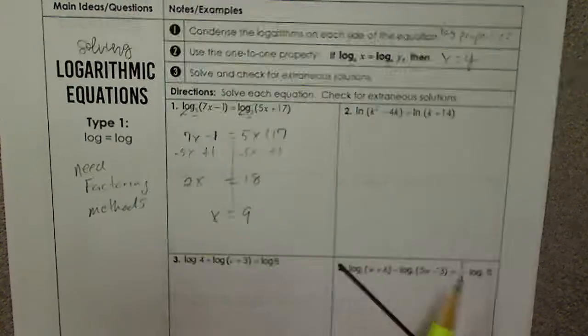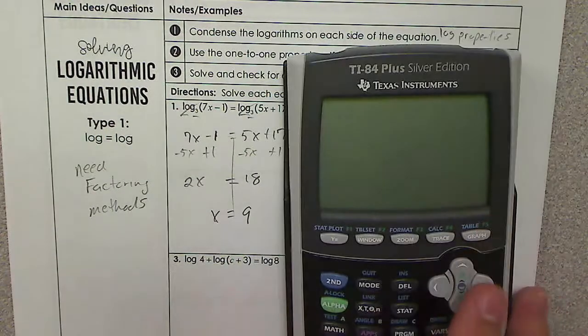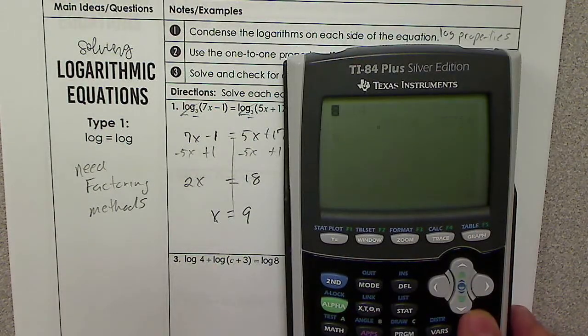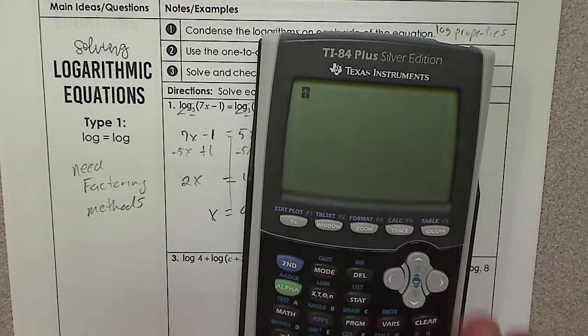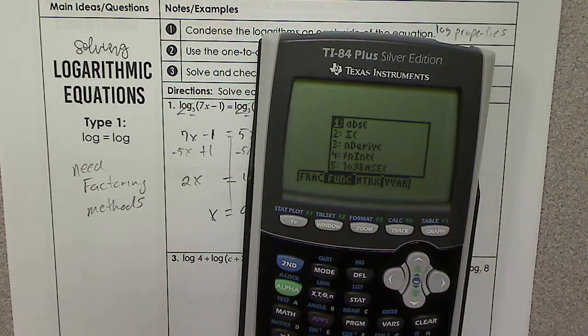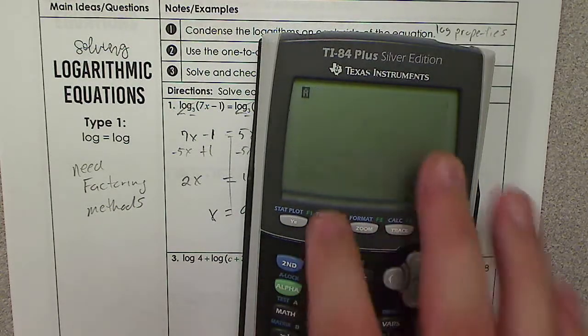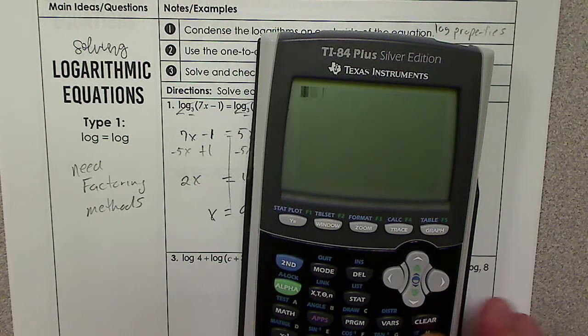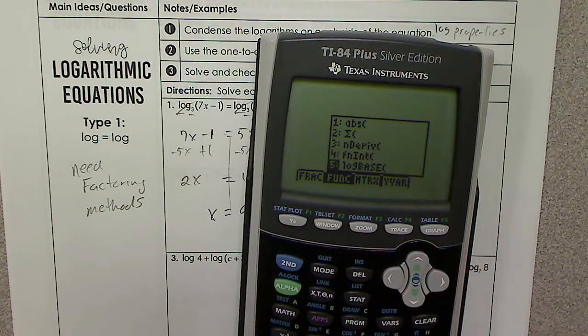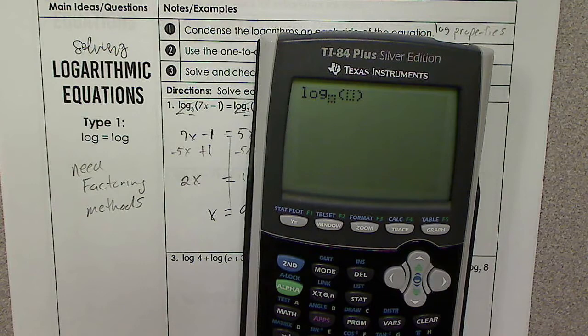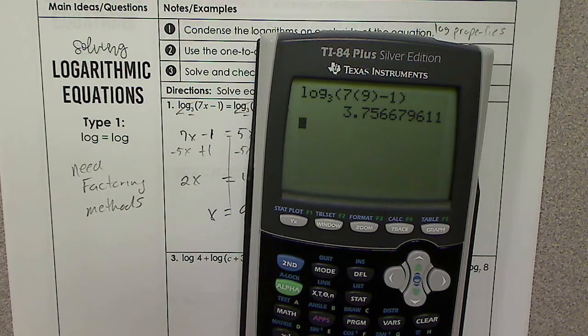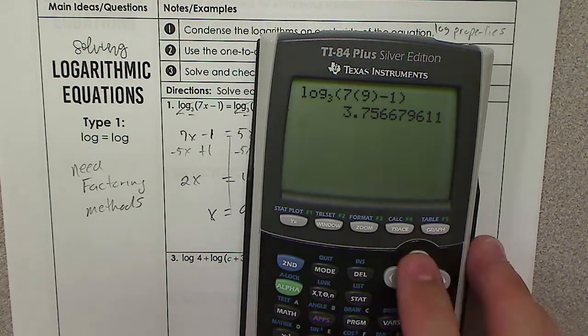And then when you check for extraneous, does it work? So if I do, hold on. Sorry, log base 3 of 7 times 9 minus 1, I get that answer.